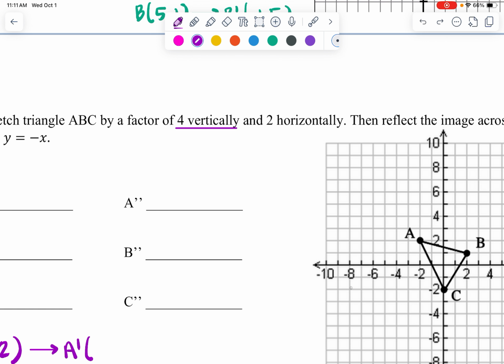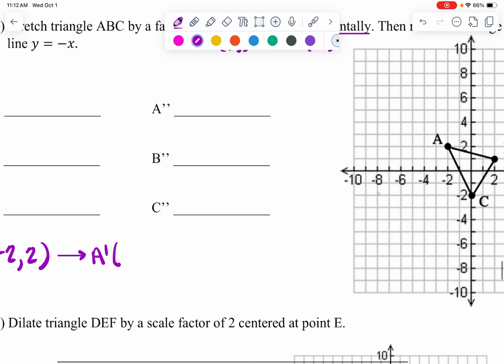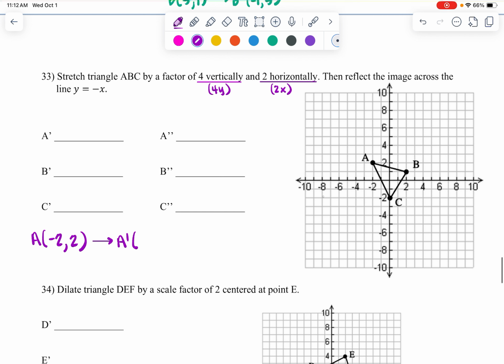So this is going to be 4Y, right? And then 2 horizontally. Horizontal is an X, so all my X's are going to get doubled. So we're doubling the X's, quadrupling the Y's. Okay, so that's going to give us, let's see, we're doubling the X's, so -4, quadrupling the Y's, that gives me 8.